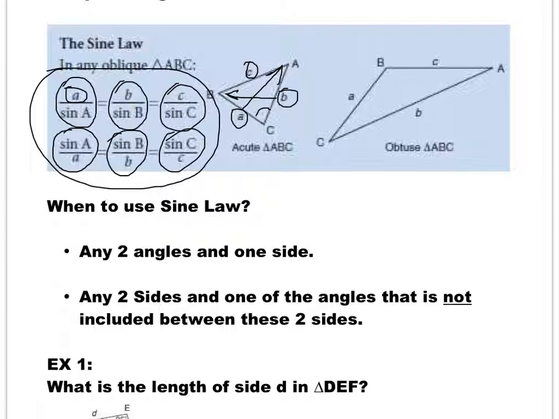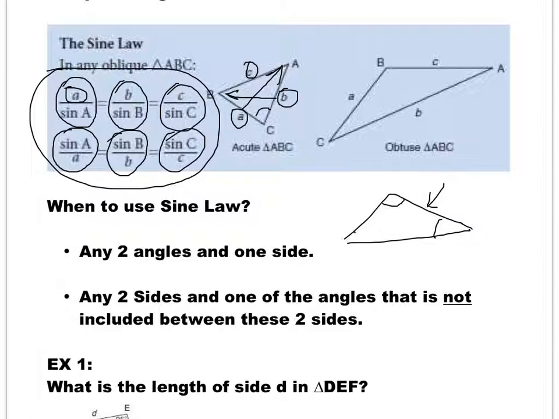If you have a triangle in which two angles are given and one side, then go ahead and use sine law. Meaning, if I have a triangle like this one, and any two angles are given, for instance here and here, and also another side is given, let's say this side, then I can go ahead and use sine law to solve the triangle. You may ask how, because this angle is not given.